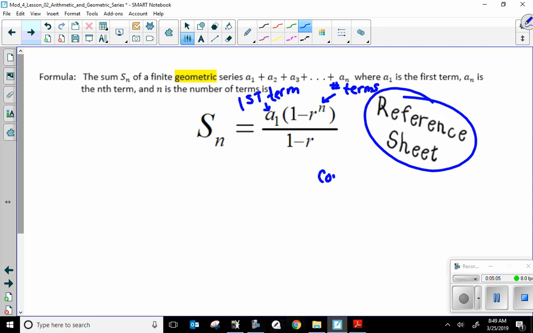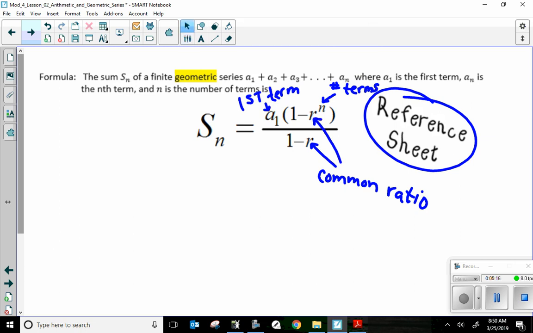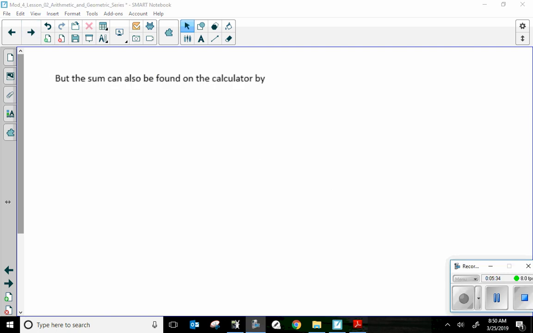This is your common ratio. Remember, for every geometric sequence, we have a common ratio. We have a common number that's multiplied to get to the next number. That's your common ratio, and that's what r represents. And we will use some of these. And again, this is the one that you want to get comfortable with.